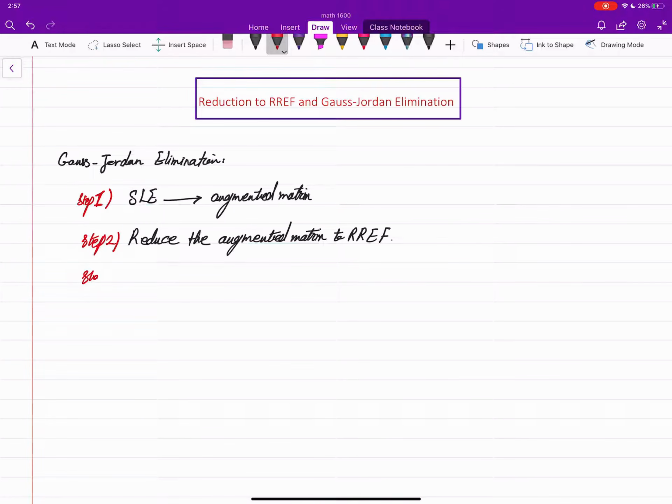And step 3 is, well, it's time to go back to SLE. So write the system of linear equations corresponding to the reduced row echelon form that we have there, and solve it using back substitution.